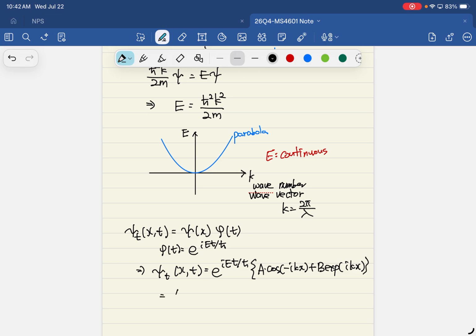And then it turns out that it is A times e to the minus i kx minus h bar k over 2m t plus B times e to the i kx plus h bar k over 2m t. Sorry about that, exponential.